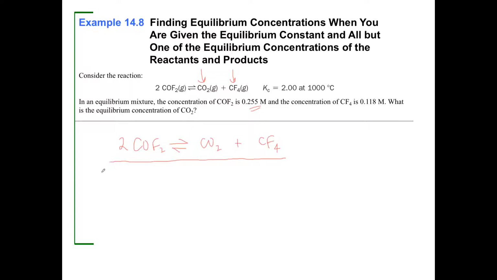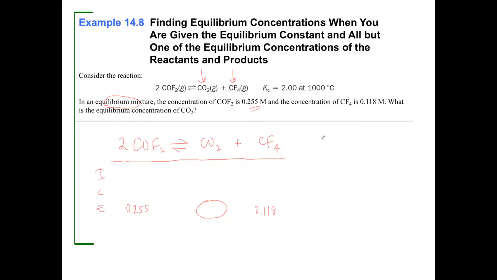Okay? We don't need an ice table here because we don't have a reaction going. We already know the equilibrium mixtures because it says in the equilibrium mixture the concentration of COF2 is 0.255, and the concentration of carbon tetrafluoride is 0.118. What is the equilibrium concentration of carbon dioxide? Ah, we don't know that one.